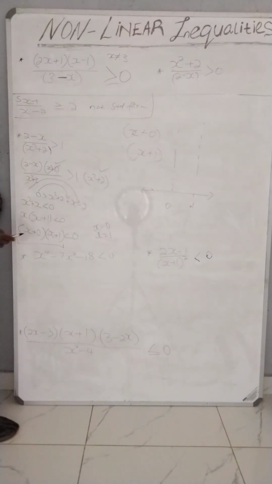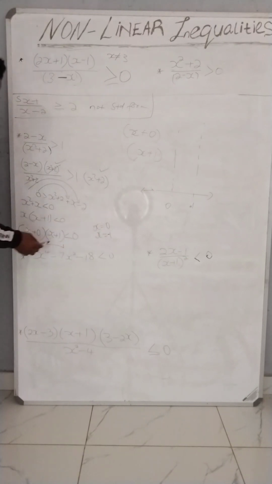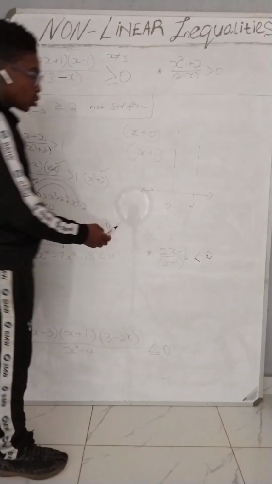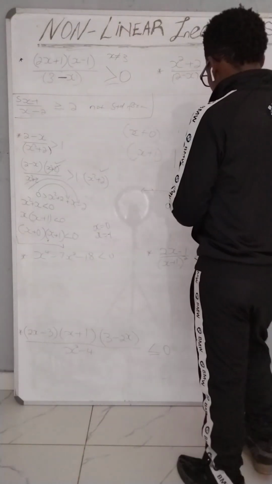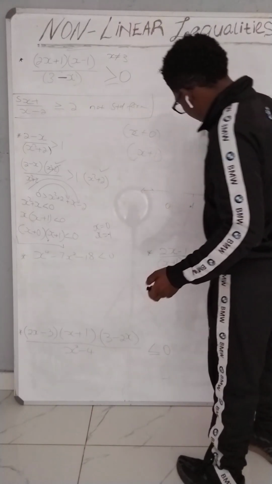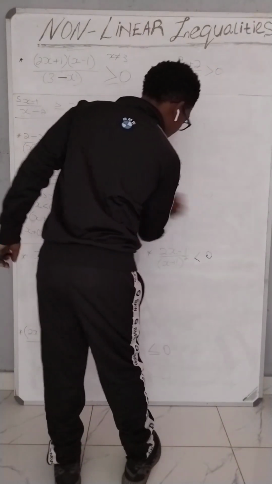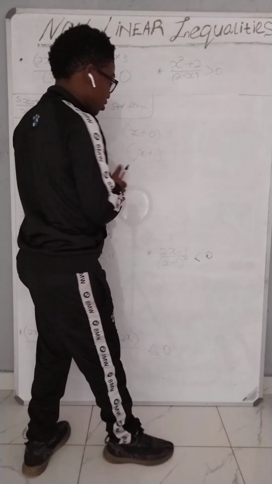Actually your x has to be negative for this factor to be 0. So meaning your testing numbers are different. It's not positive 1, it's actually negative 1.